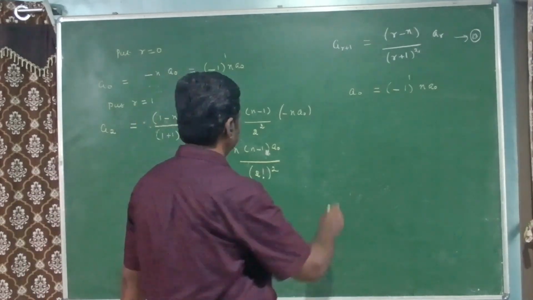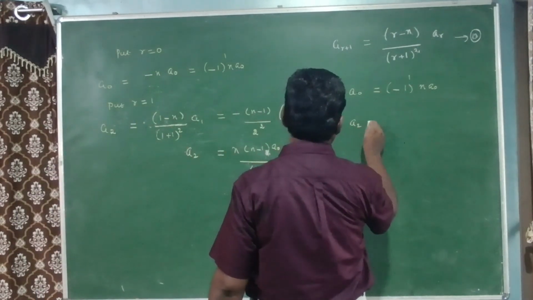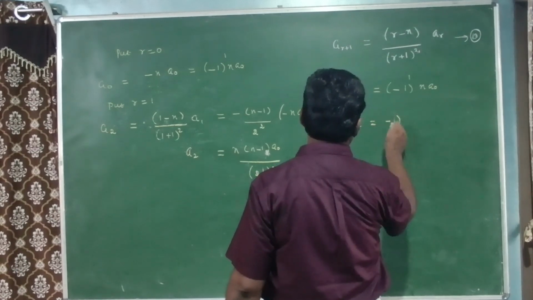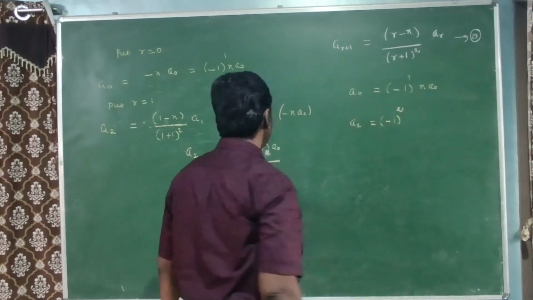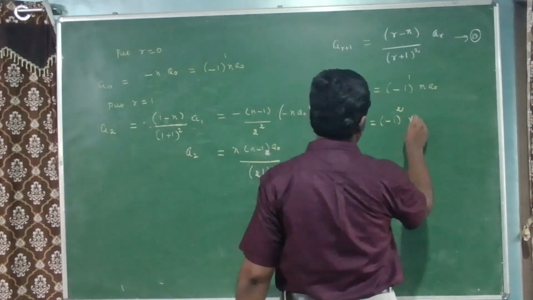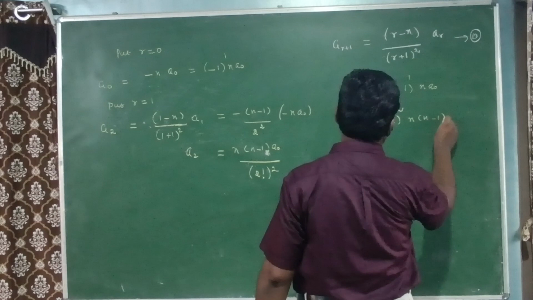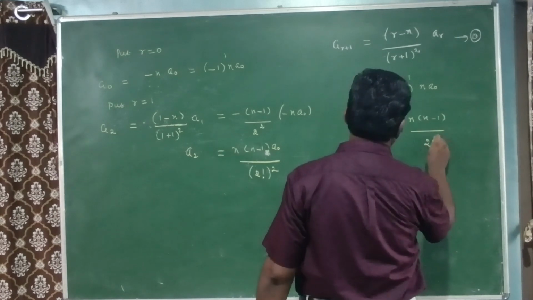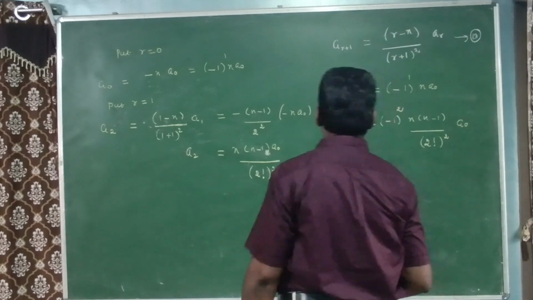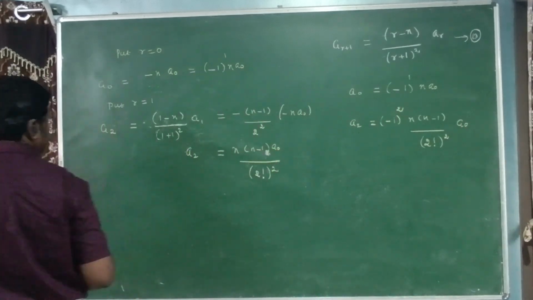For simplicity, we can write a2 equal to minus 1 square, and minus 1 square is plus 1, n into n minus 1 divided by 2 factorial square into a0. This is the value of a2.